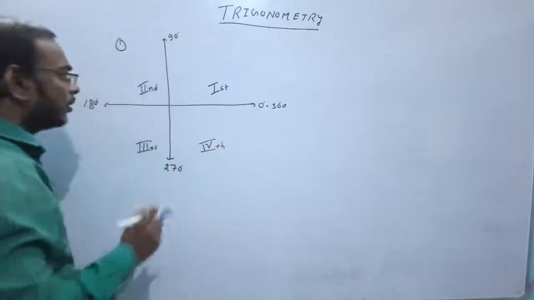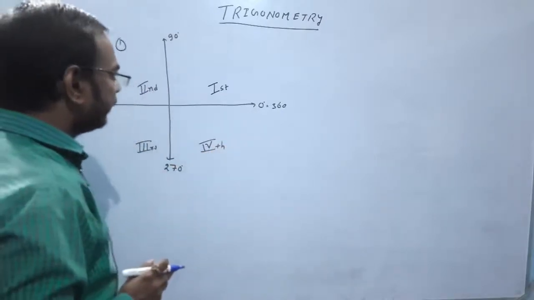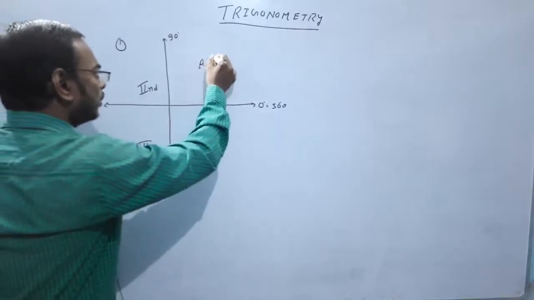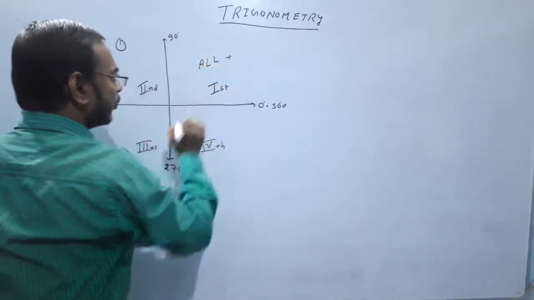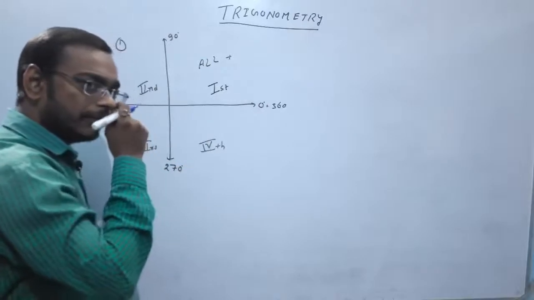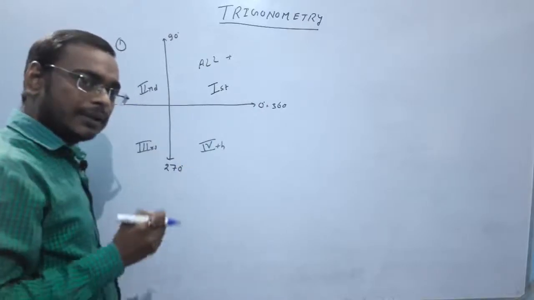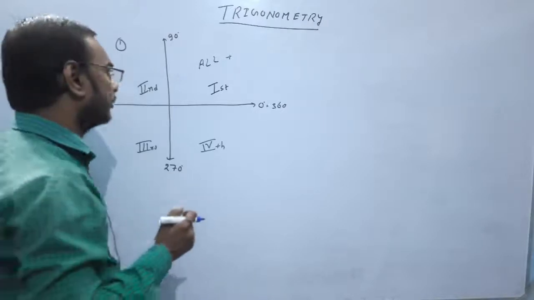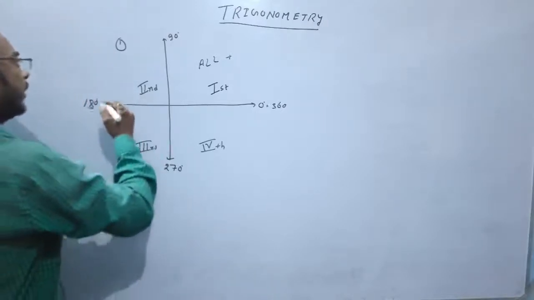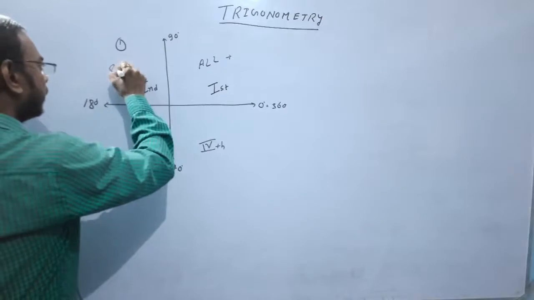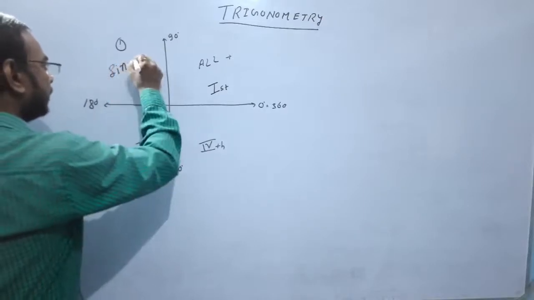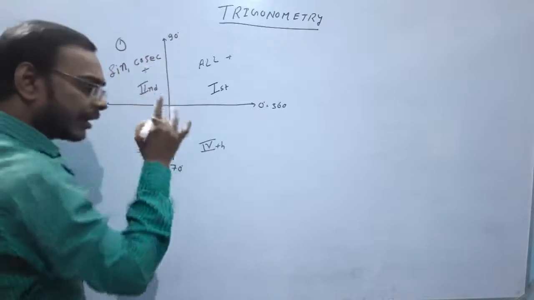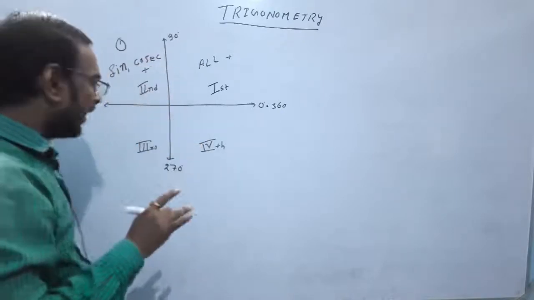Okay, now let's remember: in the first quadrant, all the trigonometric ratios are positive, the rest are negative. Trigonometric ratios means sine, cos, tan, cosec, sec, and cot. In the second quadrant, we must remember sine and cosec are positive, the rest of the trigonometric ratios are negative.